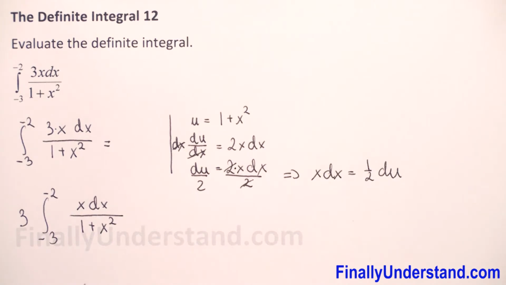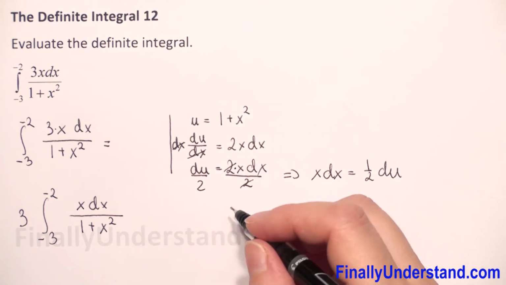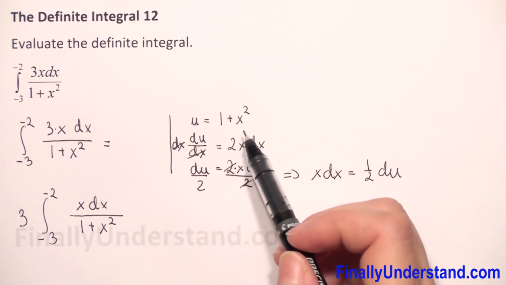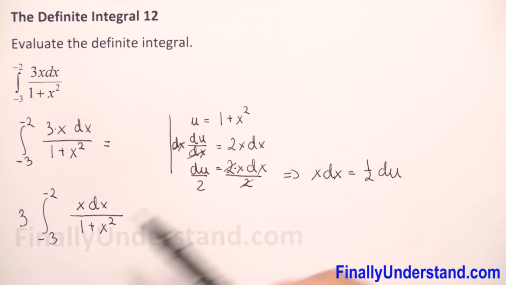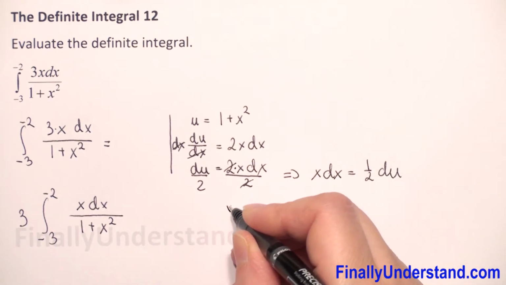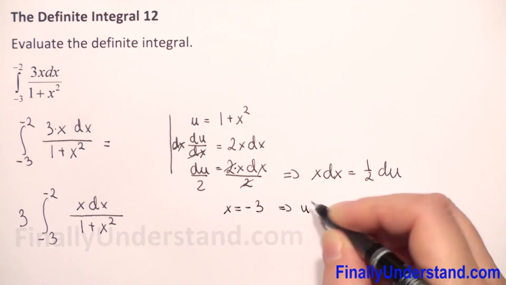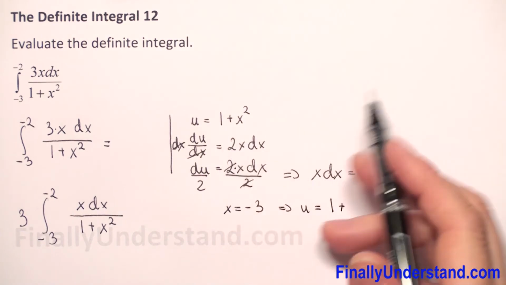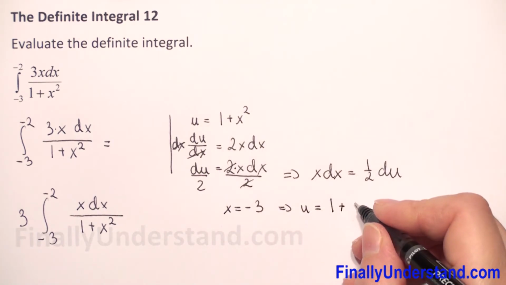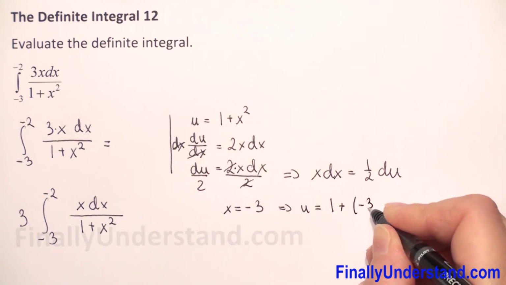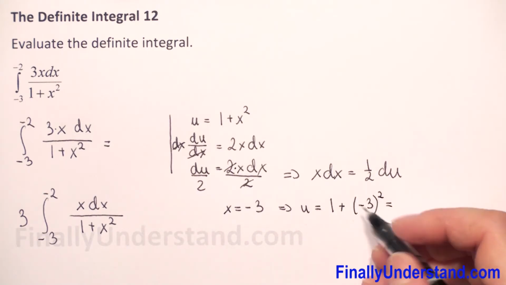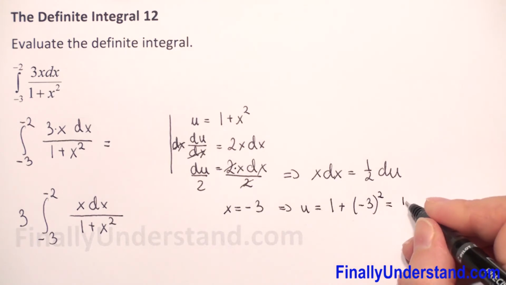So next step, because we have a definite integral from -3 to -2, we have to change the limits. It means I have to find how much u equals for x equals -2 and -3. First, let's put x equals -3. u will be 1 plus x squared, so x we have to replace by -3 to the second power, this is equal to 1 plus 9, which is 10.